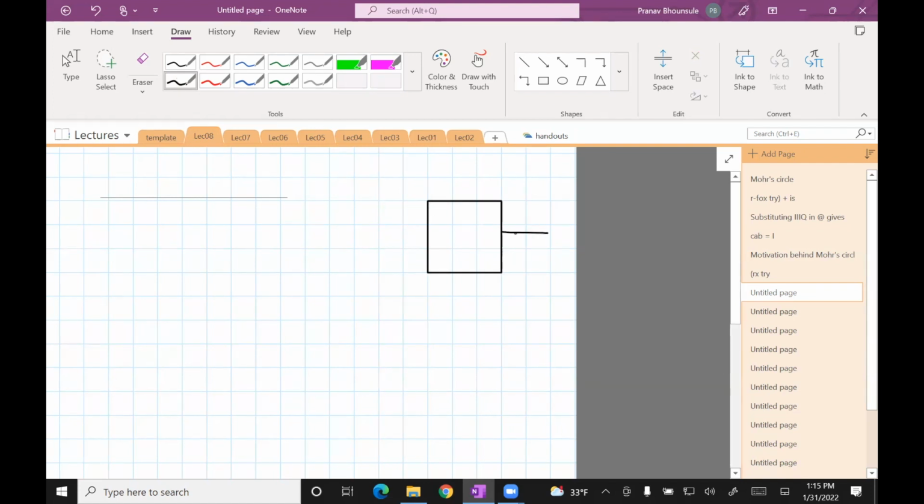Okay, so the stresses on the element are, there's a compressive stress on the face which is along the normal to the x-axis. There's a tensile stress on the other face, so let's call it sigma y, and that is 50 MPa. And this stress is sigma x, and that's 80 MPa.